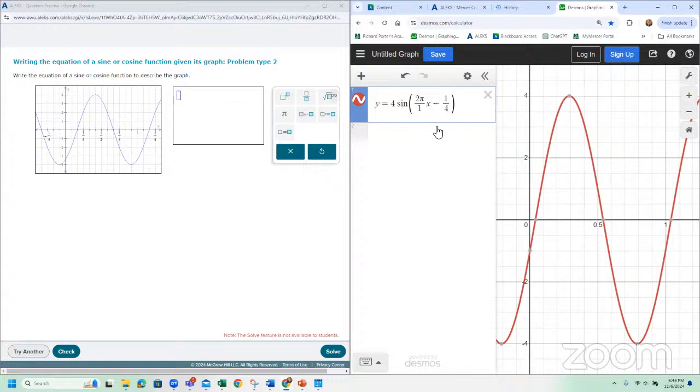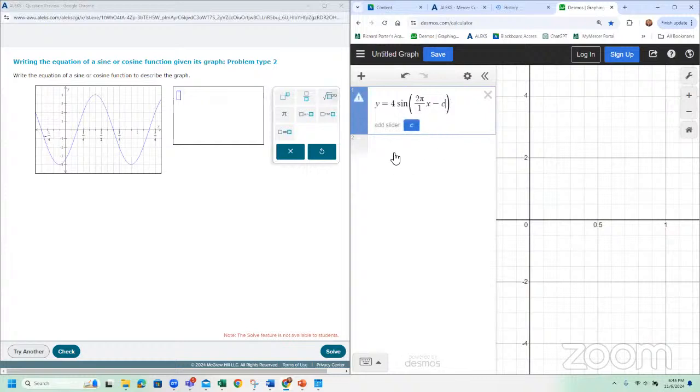Before I do that, I can figure out what that is. That's going to be some C value. And I know that the 0 here is at 2/3 of 1/4, and that equals 1/6.